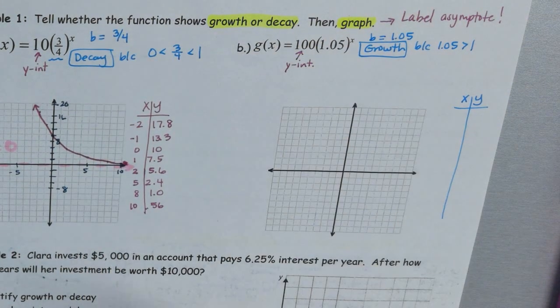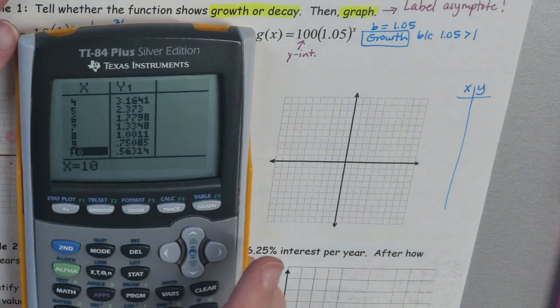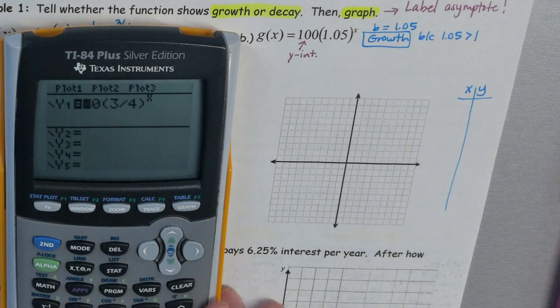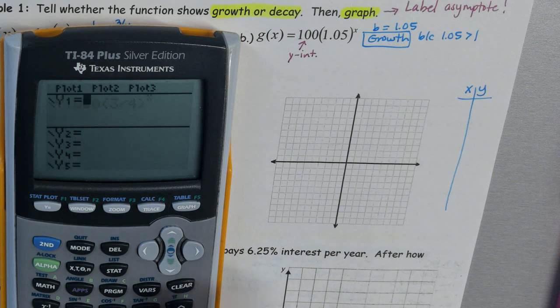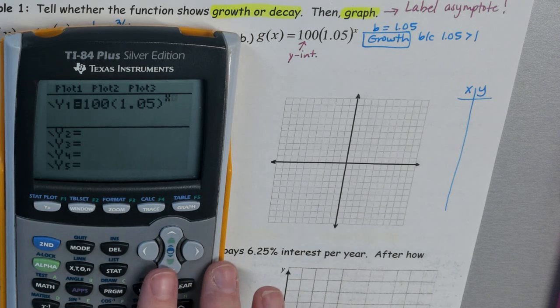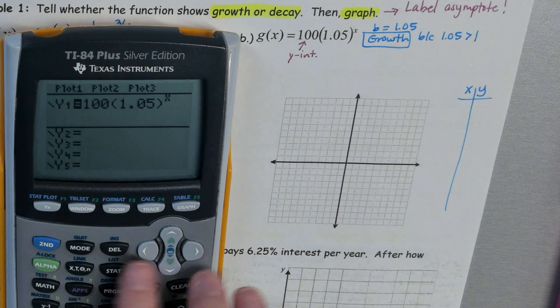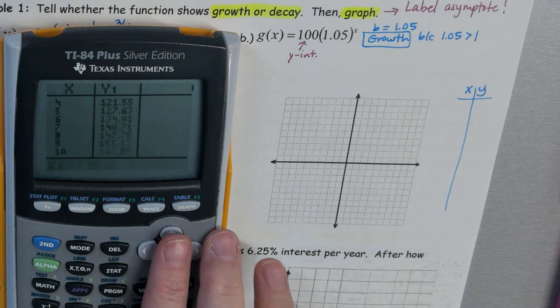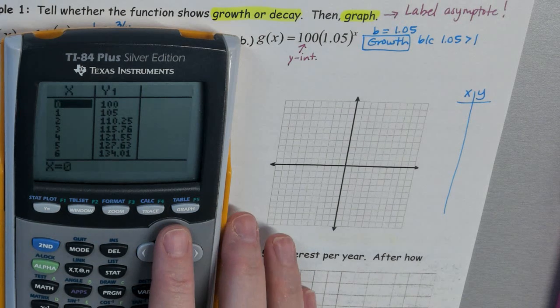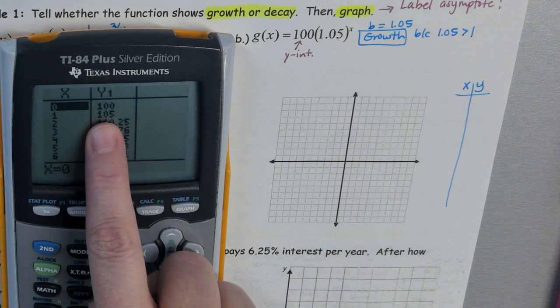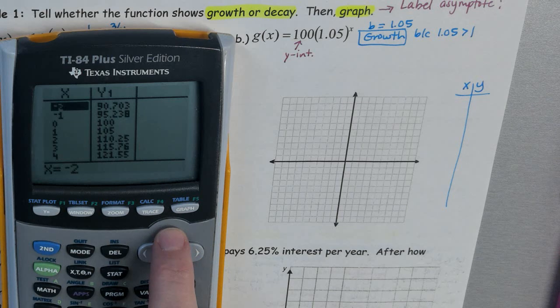Okay, so again, let's go to our graphing calculator. Let's use our y equals. Okay, so 100, 1.05 to the power of x. And then I'm going to go to my table. Okay, so at 0, I'm at 100, just like I thought. Let's look and see what's happening.